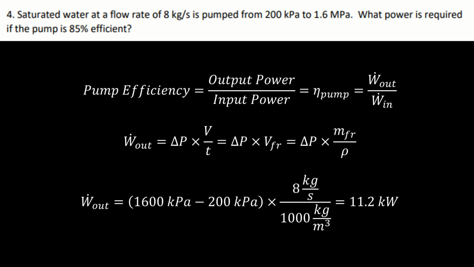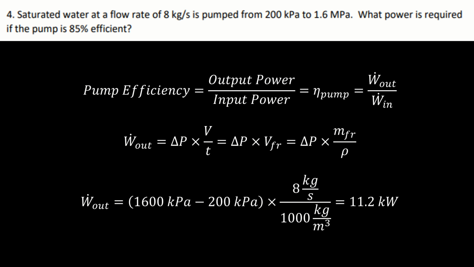Therefore, our eta pump, which is a specific type of efficiency, is equal to the work transfer rate out of the system divided by the work transfer rate into the system.